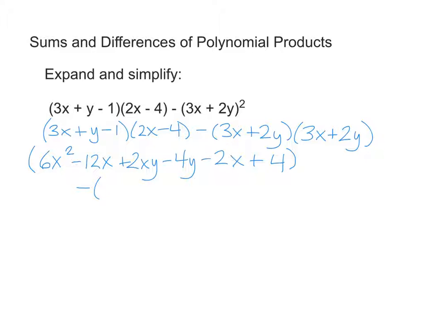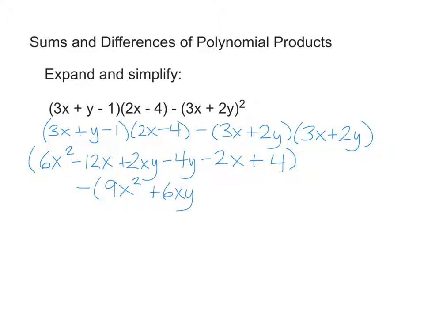Now I need to do that other multiplication, and I guess I'll put it down here. This one I definitely want to bracket around because of that negative in front of it. So we'll do 3x times 3x, which is 9x squared, and 3x times 2y, which is 6xy. So that's the 3x by everything in the second bracket. Now we'll do the 2y by everything.